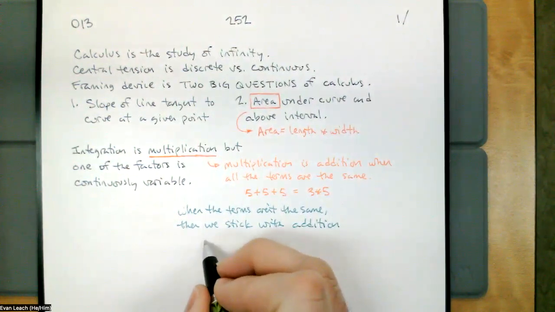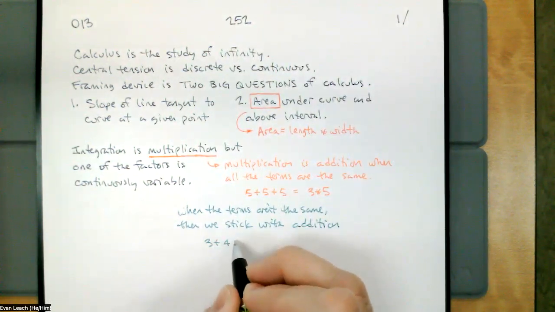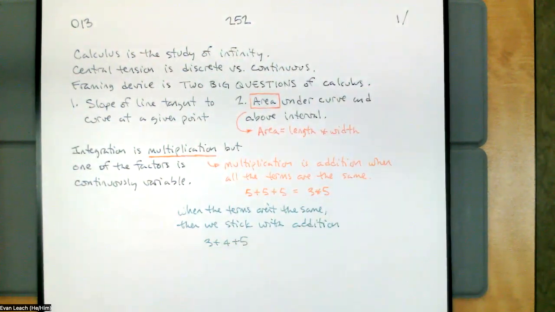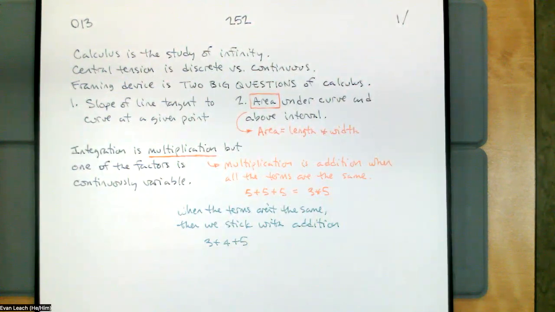So if we have 3 plus 4 plus 5, there's 3 terms, but they're not the same, so we don't get to use multiplication. I can't say this is 3 of one thing. So we just add. Let's see what this means in terms of a continuously variable sum.